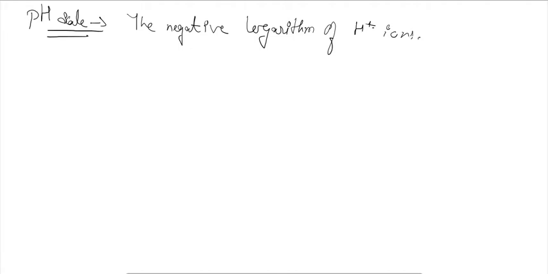The definition of pH is the negative logarithm of H plus ion concentration in a solution.